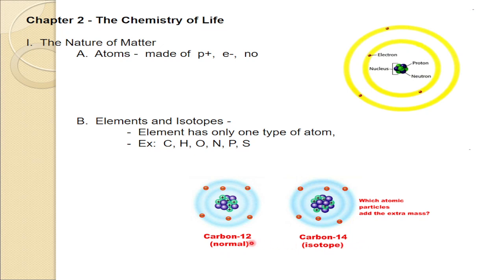The only difference is that carbon-14 has more mass because of extra neutrons. So it has extra neutrons, that's why it became heavier. Carbon-14 is a bit heavier than normal carbon-12.